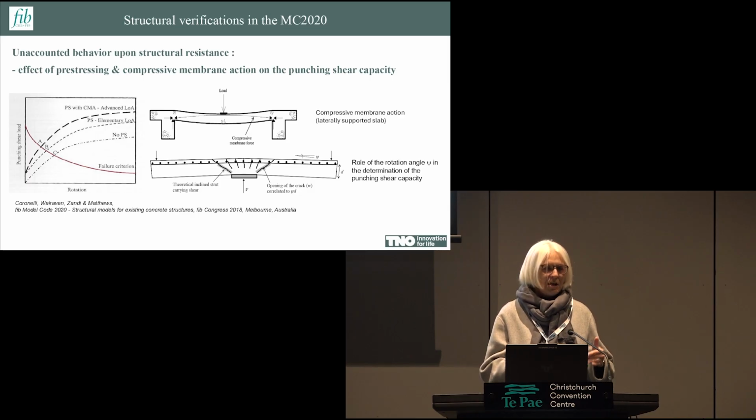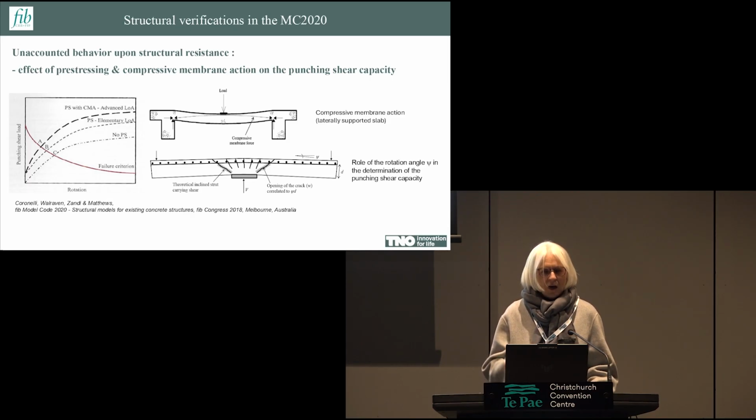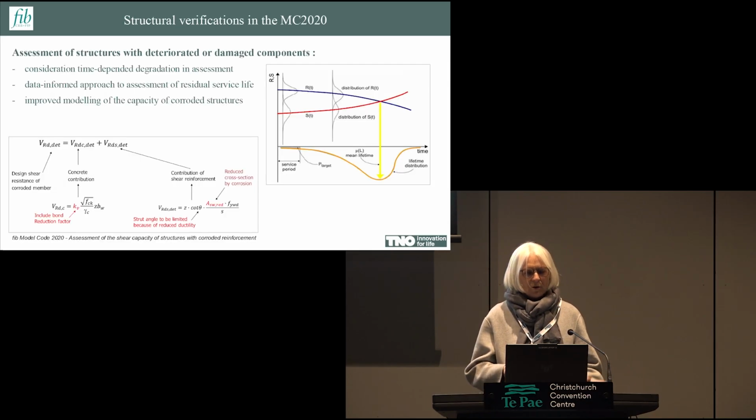So simplification leads to more conservative assessment. More refined model leads to more exact assessment and benefits of it. Deterioration, I have already talked about it, how we take into consideration this aspect in the models.